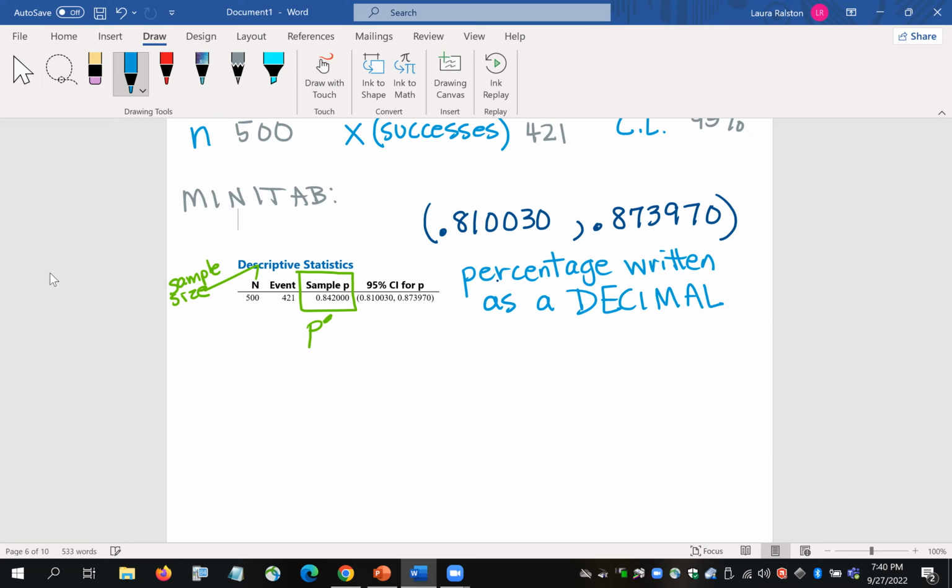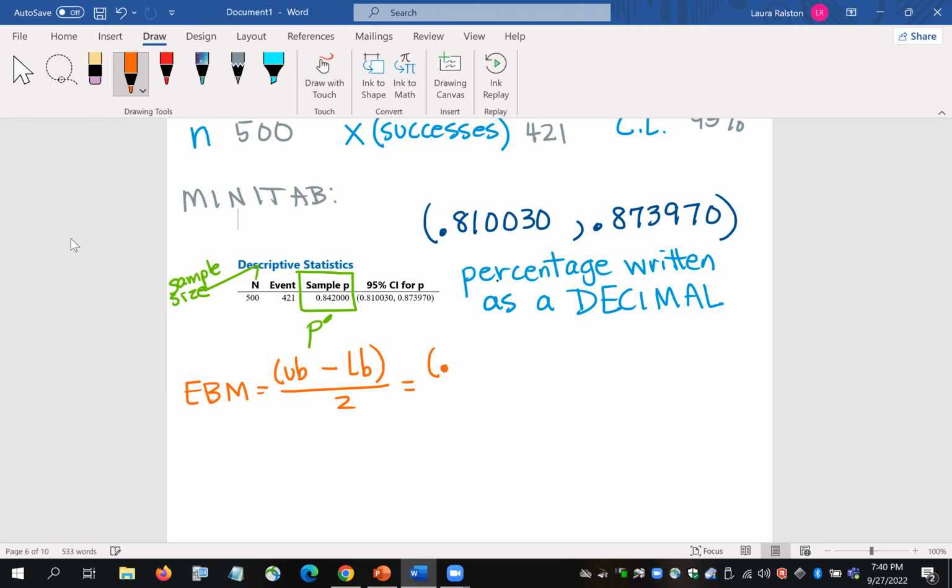So remember, I can convert from a decimal to a percentage by multiplying by 100, which apparently some of you had difficulty doing on project 1. So we'll talk about how to do that in a minute. I still need to calculate the error-bound margin. Same formula, upper bound minus lower bound divided by 2.